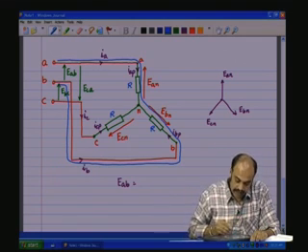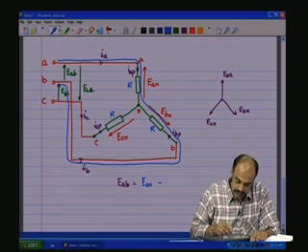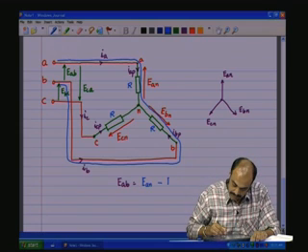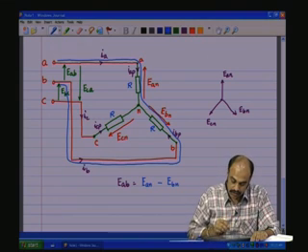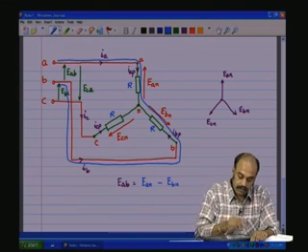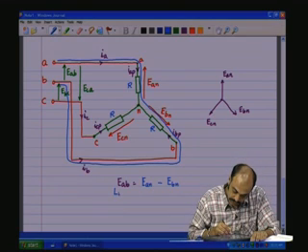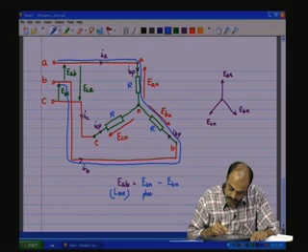So, for this loop EAB is equal to EAN minus, you see EAN is opposing EAB, minus EBN according to the directions that we have assumed. So, EAN minus EBN is EAB, the line voltage. This is the line voltage. These two are the phase voltages, phase A, phase B.